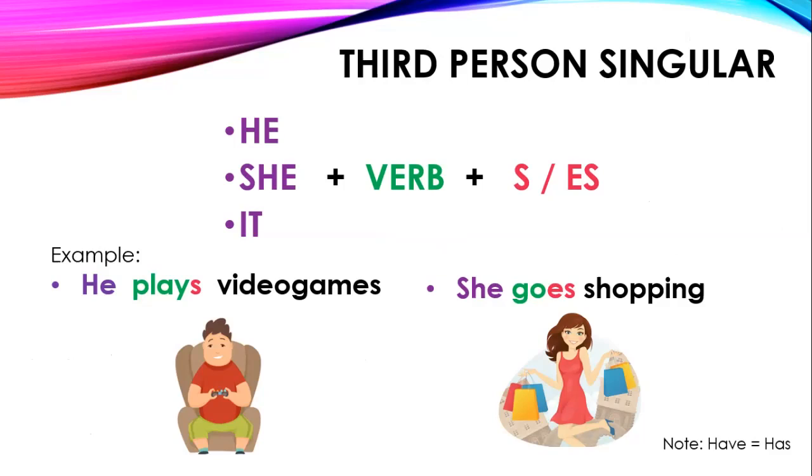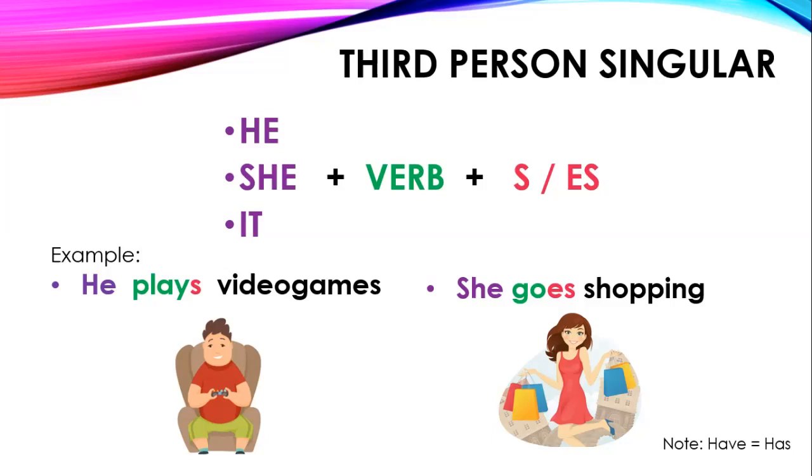For example, he plays video games. Okay, first the person, right? Then the verb. But in this case, as we are talking about he, we need to add an s to the verb. So he plays video games. It's not he play, he plays. Okay, another example.